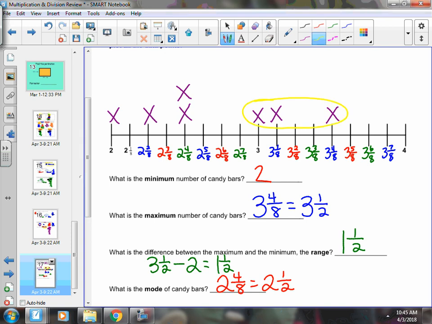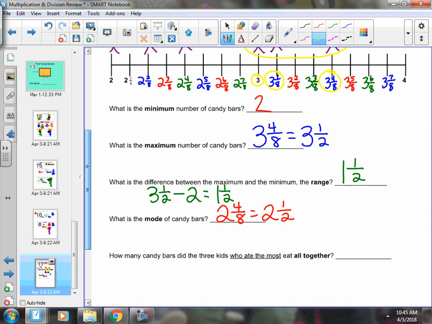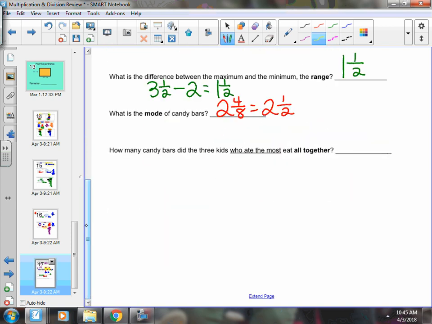So I'm going to add those 3 numbers together. So I see this kid was at 3, this kid's at 3 1/8, and this kid's at 3 4/8. So I need to add those 3 numbers together. 3 plus 3 1/8 plus 3 4/8. So go ahead and write that down.